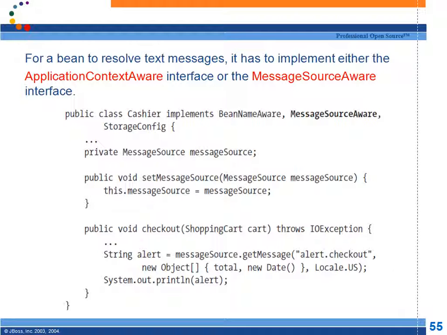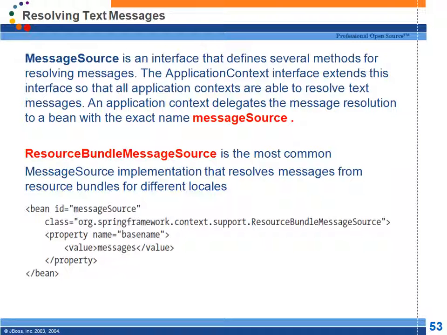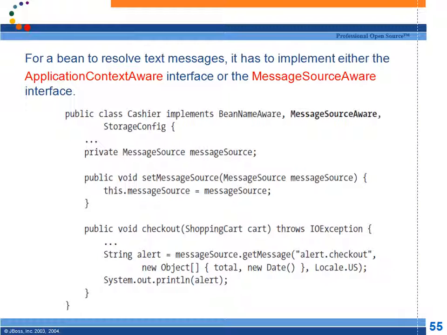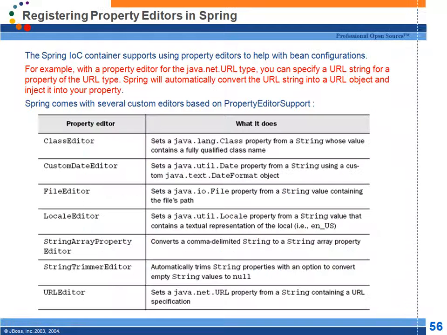So if we have defined messageSource as a bean inside our XML, this message source will be automatically injected. So in your bean, if you want a message source, you can make this bean implement MessageSourceAware, and message source will be injected. Previously you were saying context.getMessage, now you are saying messageSource.getMessage. This is how to retrieve internationalized messages in your own bean.